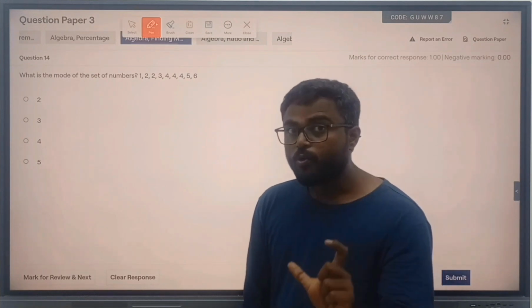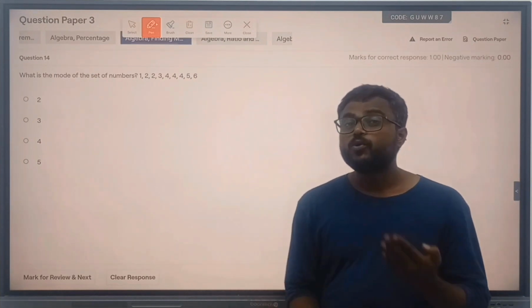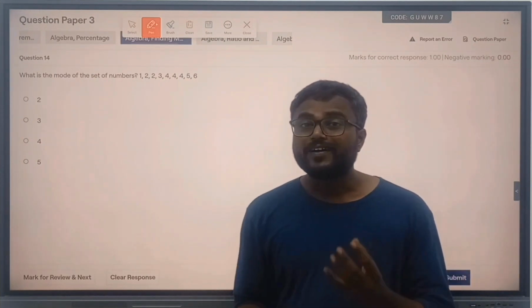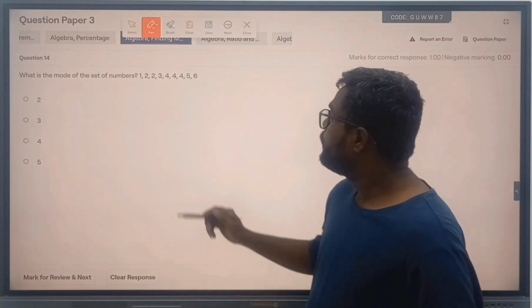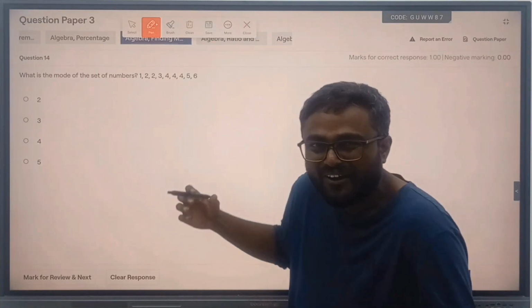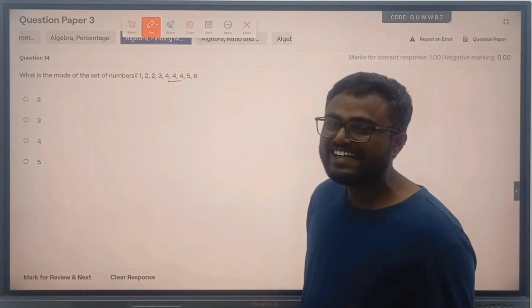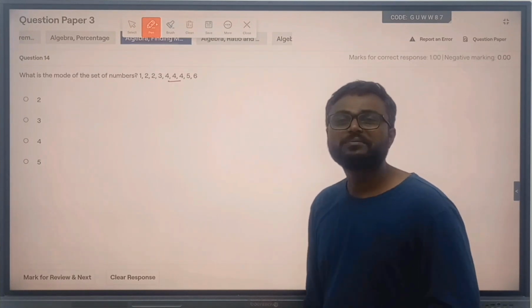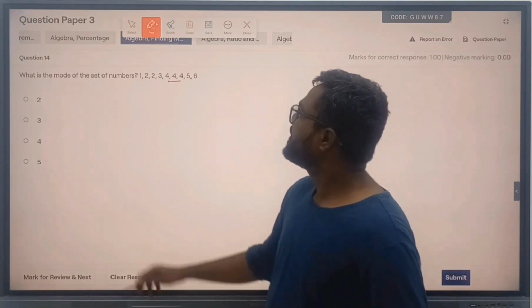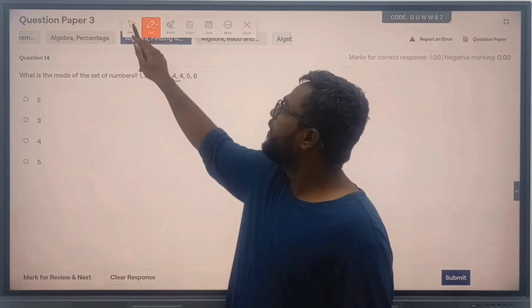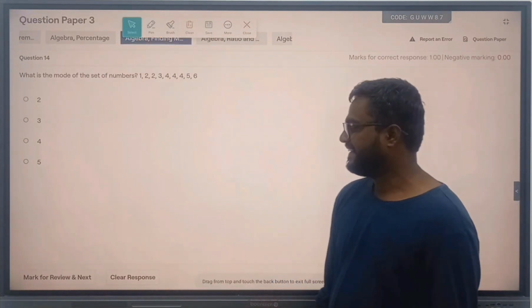Repeating again, mode is nothing but the most frequently occurring number. So which was the most frequently occurring number? It was 4, because 4 occurred 3 times. So 4 is our mode. Okay. With that, let's move on to the next question, guys.